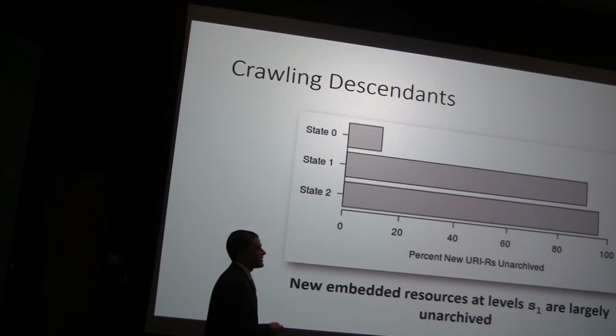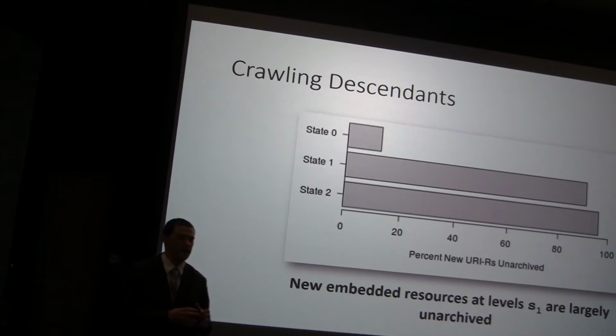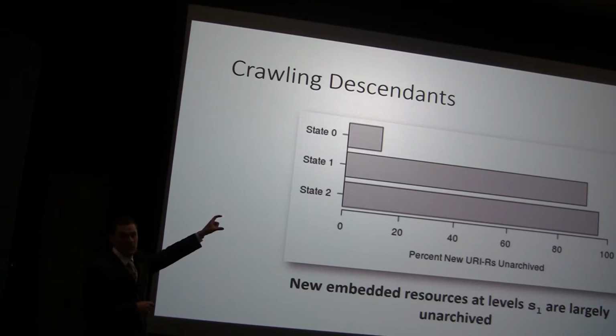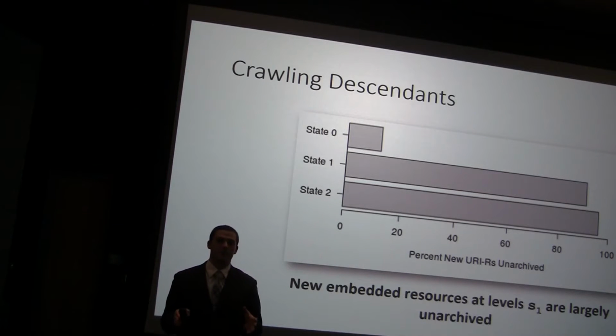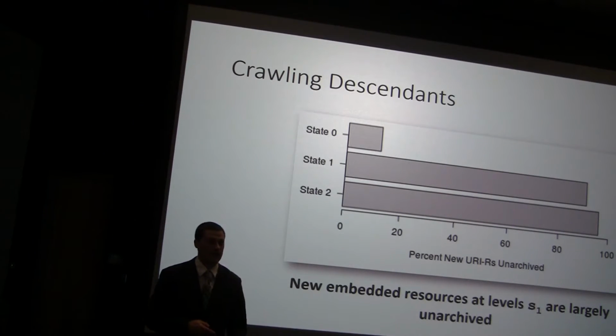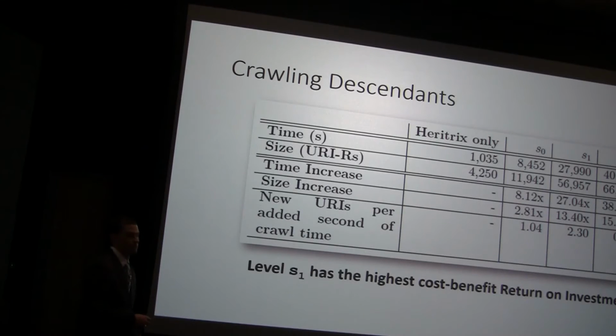Here we're seeing that 92% of those are not present in the archives, meaning that by and large, the things required to build out that first level are not being archived. And it gets even worse at the second level, where 96% of those about 10,000 embedded resources are not present in the archives, showing that except for the root node of our tree, these descendants are by and large not being represented in the archives.